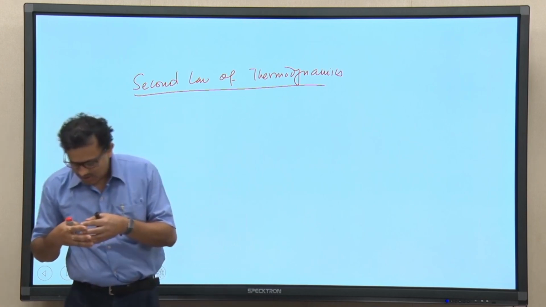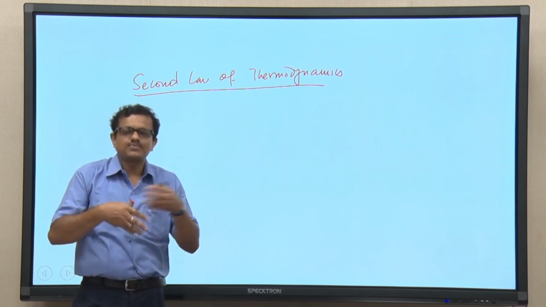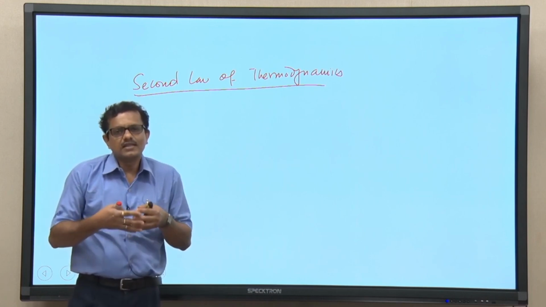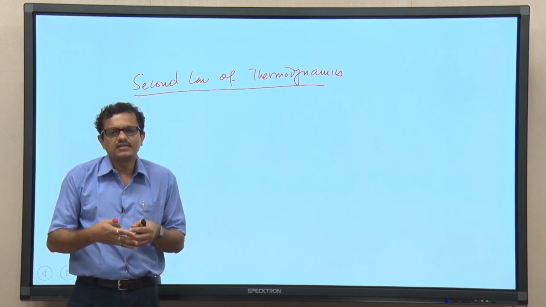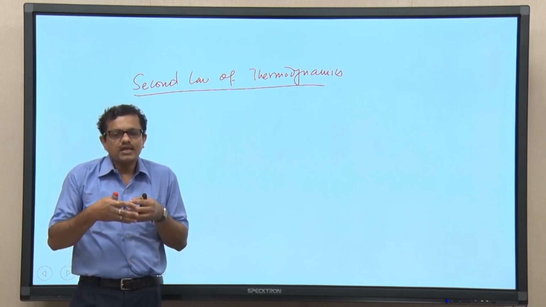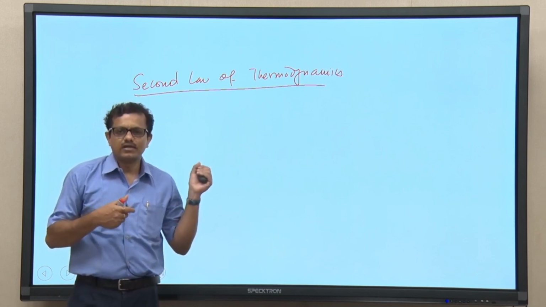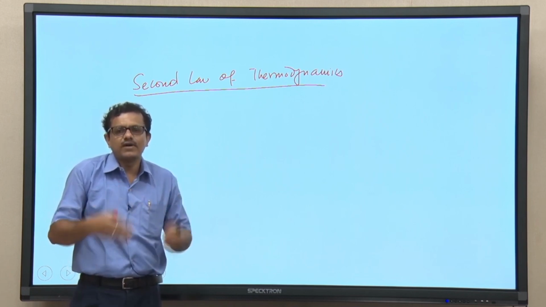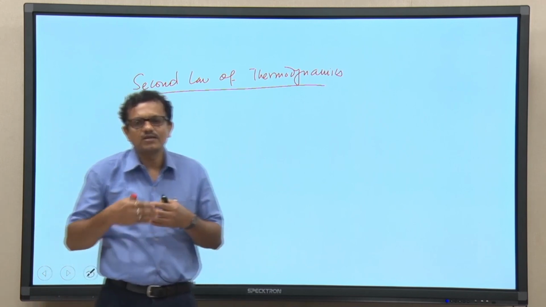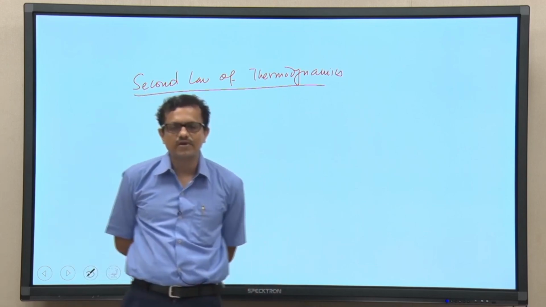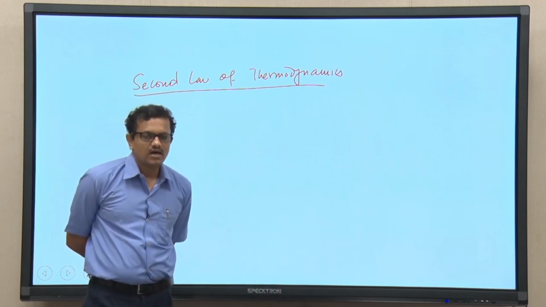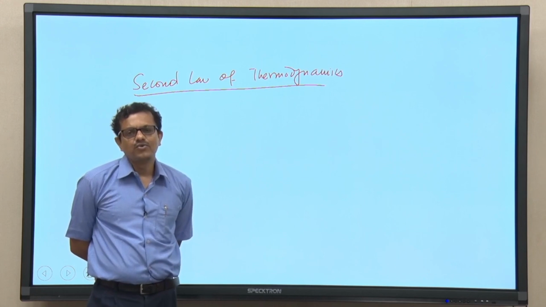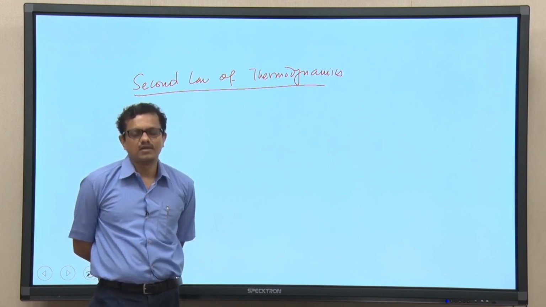To quantify such properties like enthalpy and internal energy, we need the second law of thermodynamics. So, the first law cannot provide the quantification, rather the ways by which we can quantify those properties which are not directly measurable.